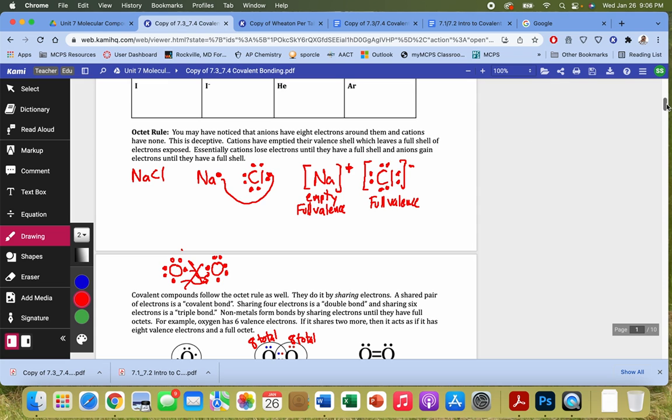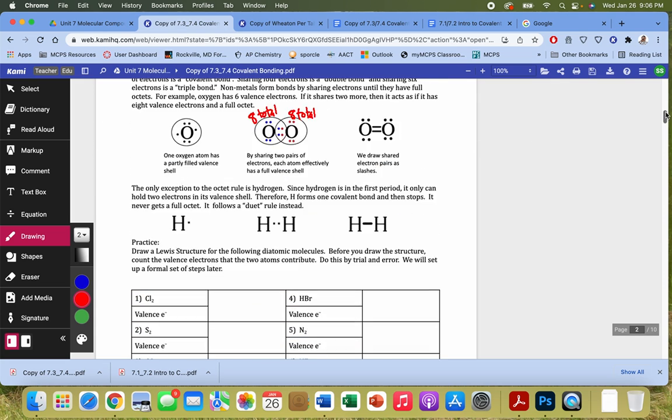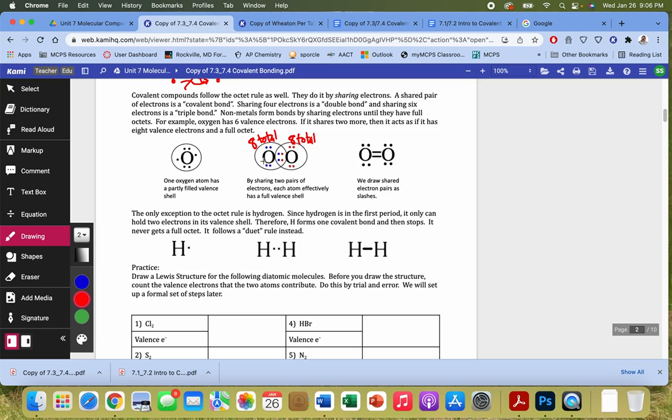However, molecular compounds cannot separate because this oxygen, if it wanted to leave, would be leaving behind the 4 shared electrons and it would no longer be particularly stable. Or it would take those 4 electrons and this guy would not be particularly stable. So this O2 always stays as one unit, one molecule. So another name for covalent compounds is molecular compounds because they always stay as one unit, one molecule.